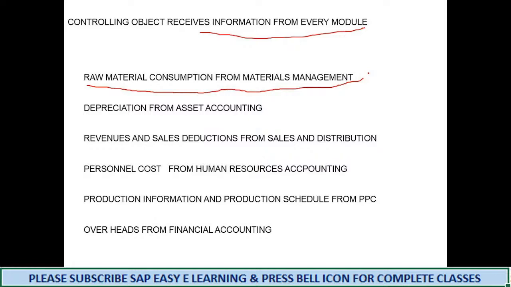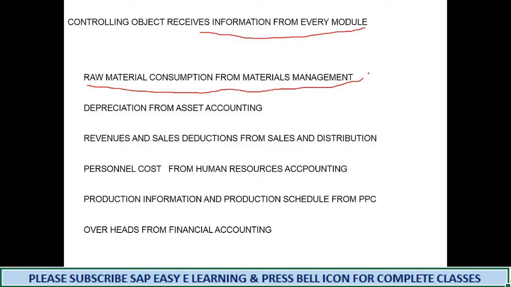So when the material is issued to the production processes, this issue is entered by the MM end user in the MM module. Then, through the process of integration, the raw material consumption GL account in FI is automatically updated.